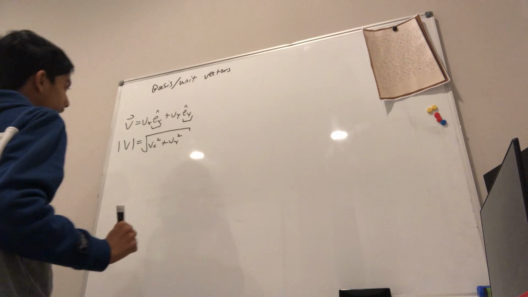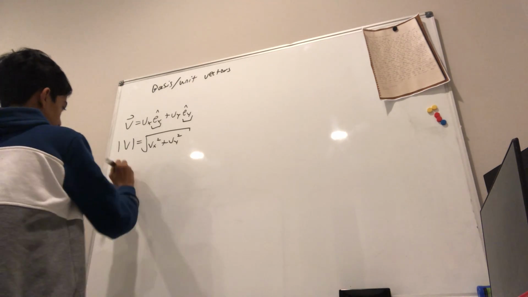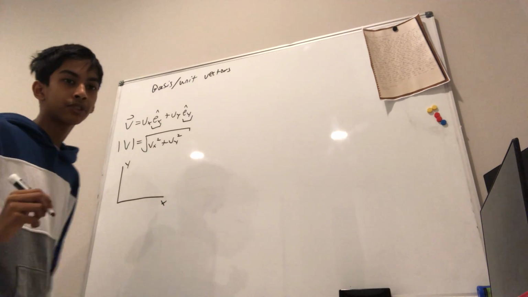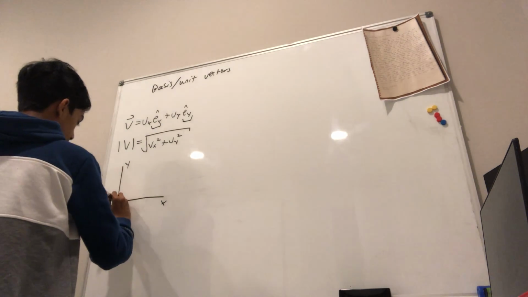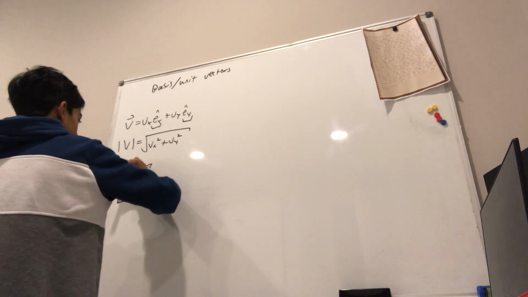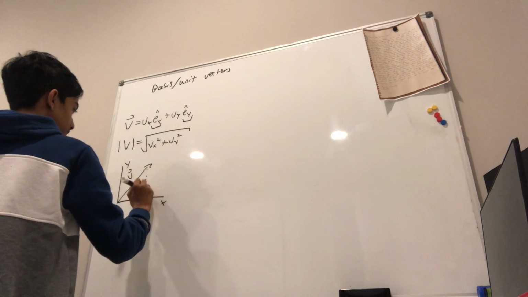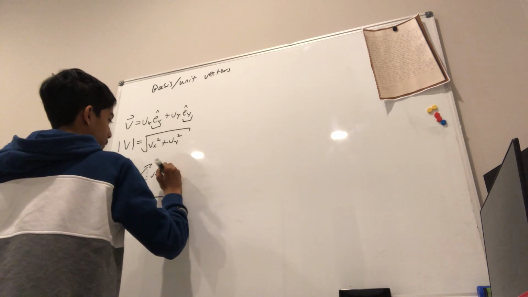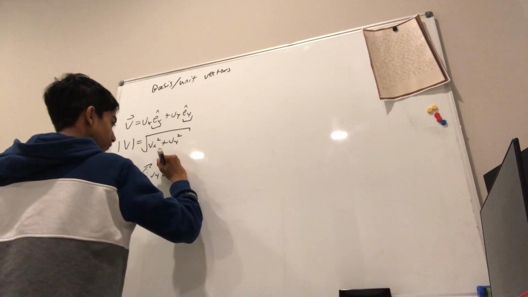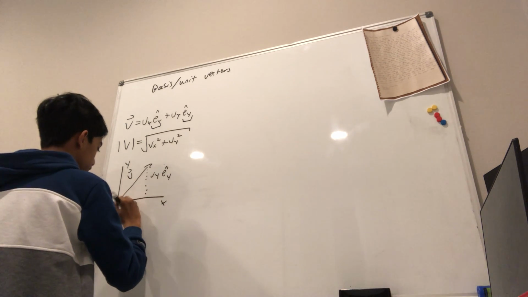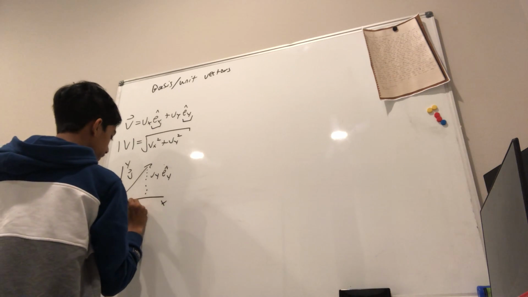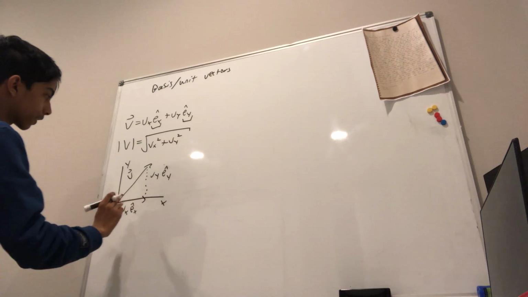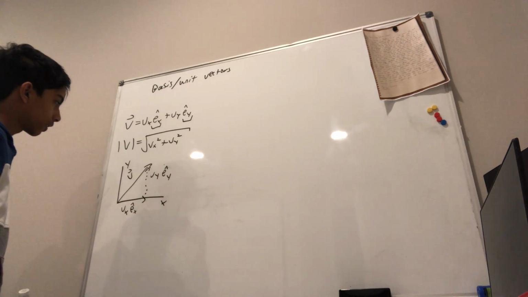I think a handy picture would help. This is how you represent vectors on the Cartesian plane. Let's say this is vector v, and you can see that this length is just vy e hat y, and this length is just vx e hat x, because this is all of that in the x direction, and all of that in the y direction.